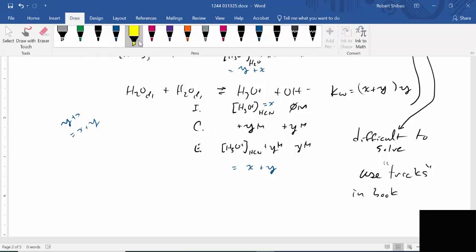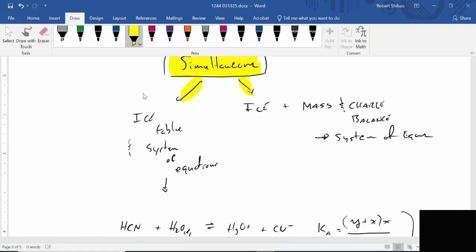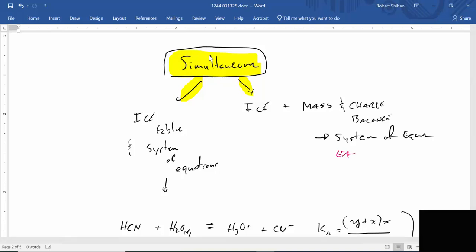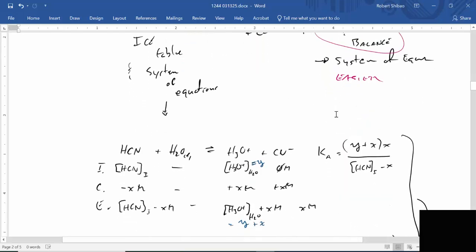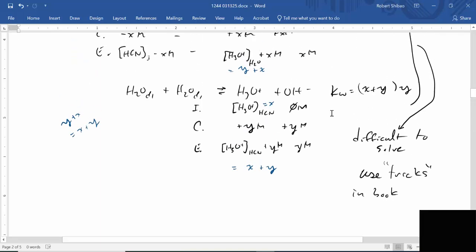To try to simplify the math, I think it's easier to solve this using mass and charge balance. This is easier because the algebra is a lot easier, and you don't have to use tricks to solve it. But we generate like 5 different equations for this, or at least more than 2 equations.